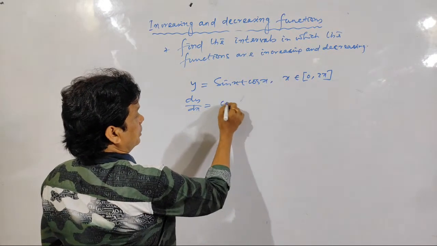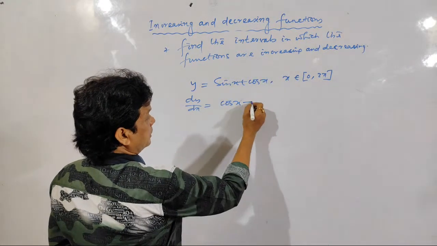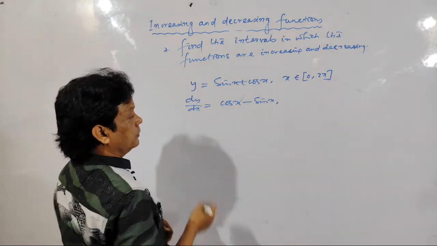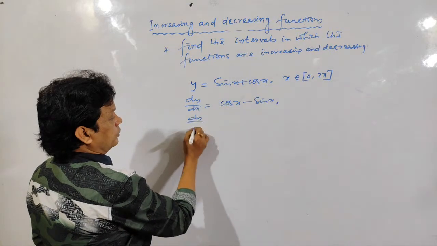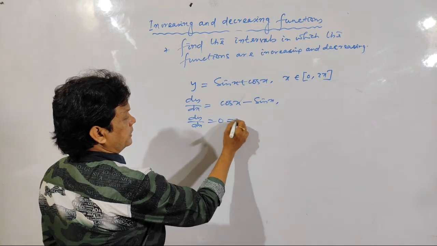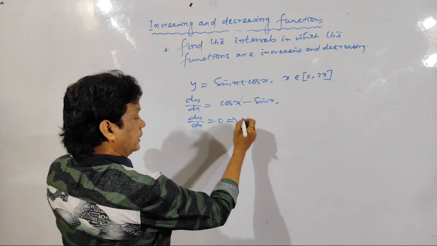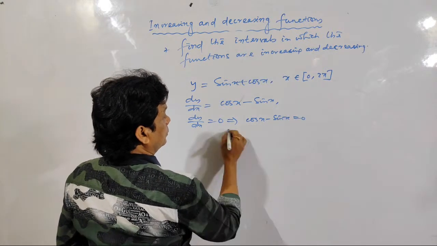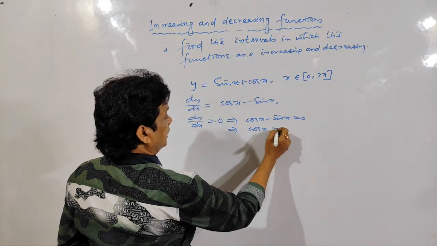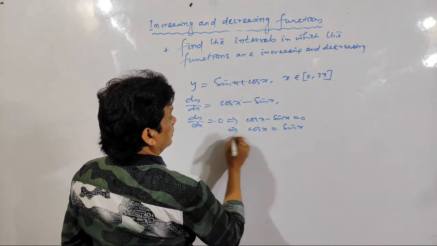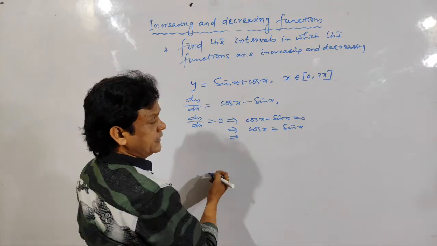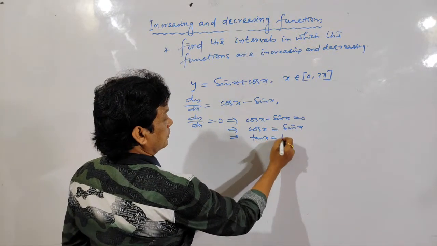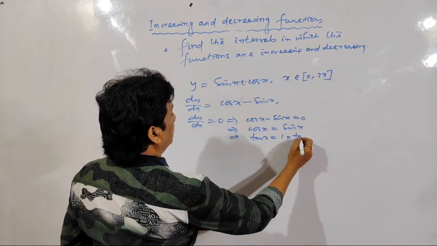The derivative of sin x is cos x, and the derivative of cos x is minus sin x. Clear? So dy by dx is equal to 0. I have told you, first take dy by dx equal to 0. That means cos x minus sin x is equal to 0. Then cos x is equal to sin x. Then divide cos x on both sides. It will become tan x is equal to 1. So 1 is equal to tan pi by 4.